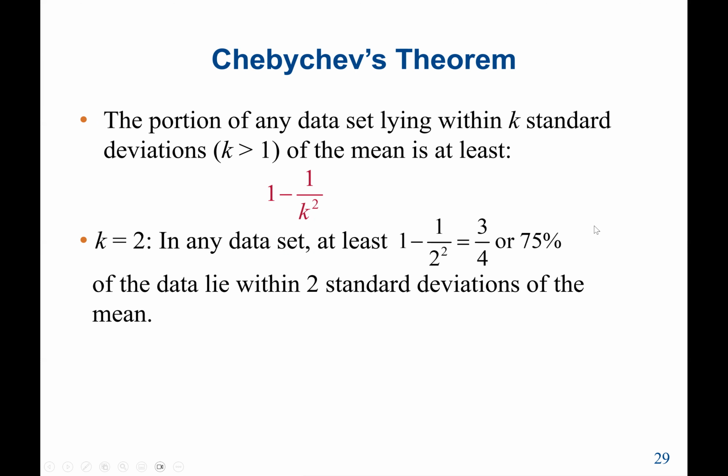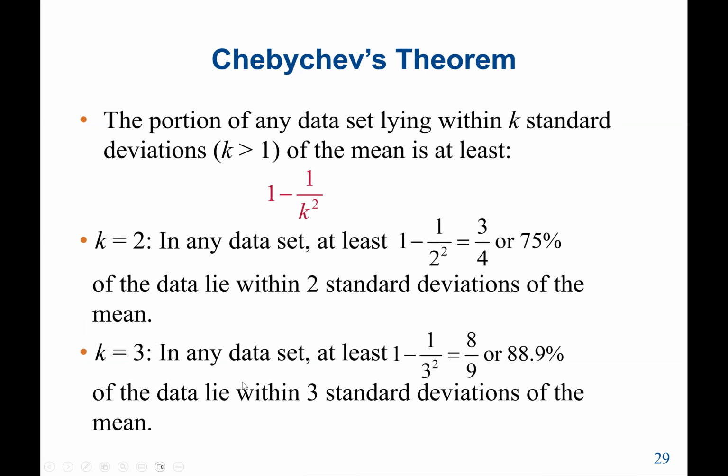So if k is 2, 75% of the data will lie within 2 standard deviations. Now if k is 3, we get 1 minus 1 over 3 squared, which gives us 8 over 9, or 88.9%.